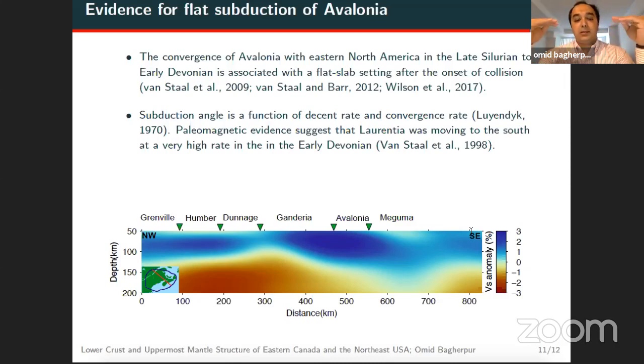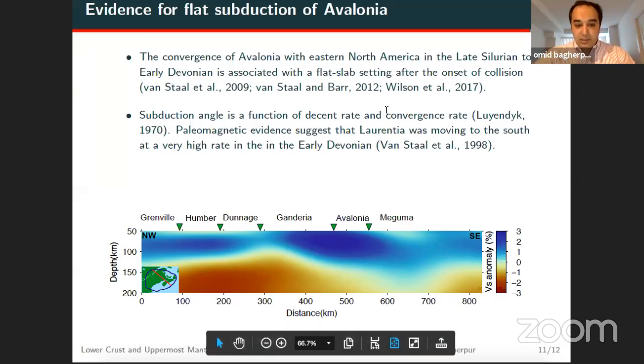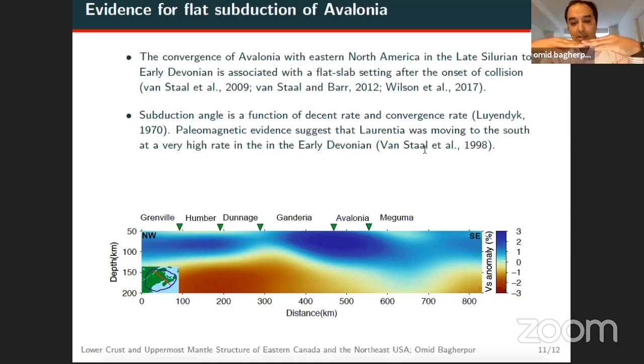When two pieces, an oceanic piece and a continental piece, converge and one subducts beneath the other, if the convergence rate is very high, the oceanic one can subduct very shallow. And that is evident in the paleomagnetic studies.